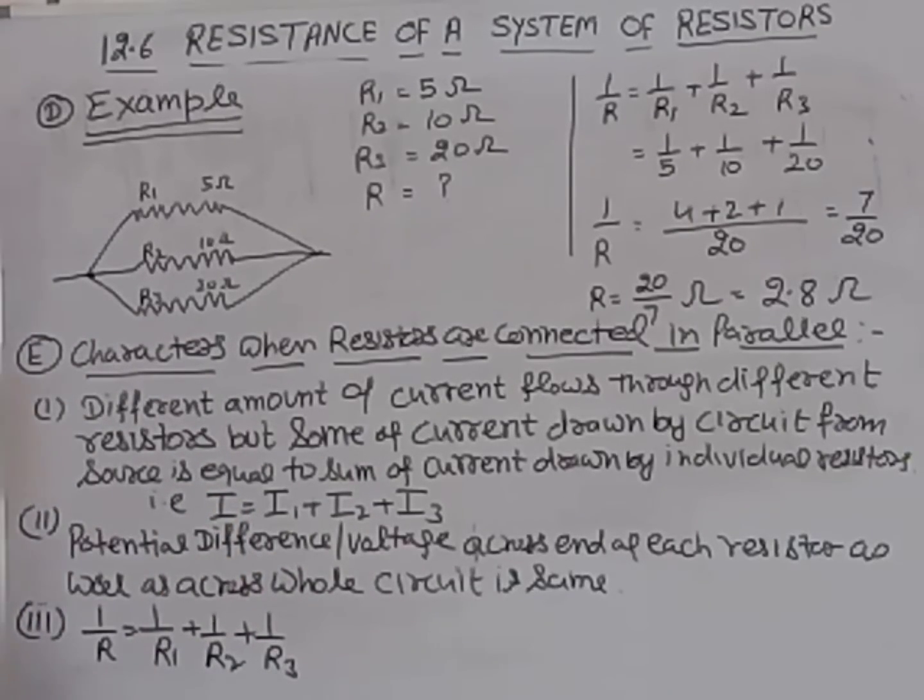Thus here we studied that two or more resistors are said to be connected in parallel when they are connected between two ends, and the reciprocal of total resistance is equal to the sum of the reciprocals of individual resistances, and these are the characteristics. A different amount of current flows through different resistors, but the potential difference of the battery, of the whole circuit as well as of the individual resistors, is the same.